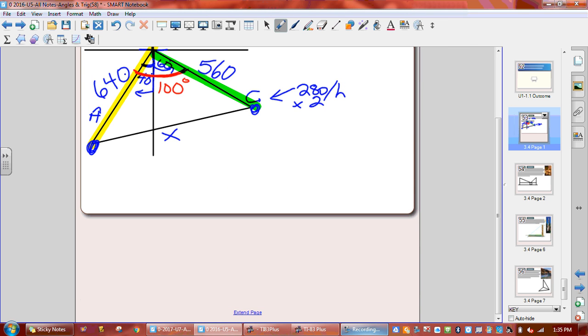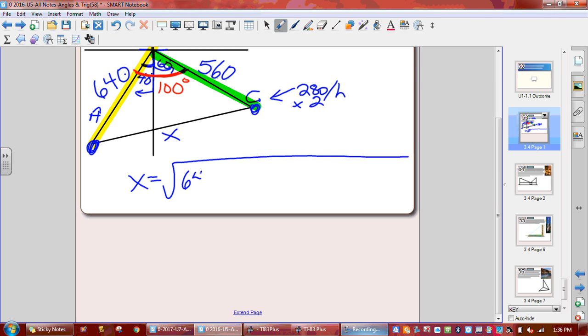So that's our diagram. We need to use the cosine law. So we're going to say x equals the root of 640 squared plus 560 squared minus 2 times both numbers, 2 times 640 times 560 times cos of our angle.